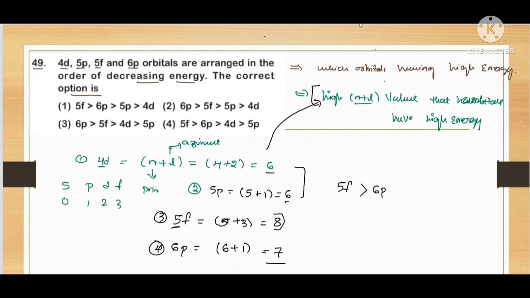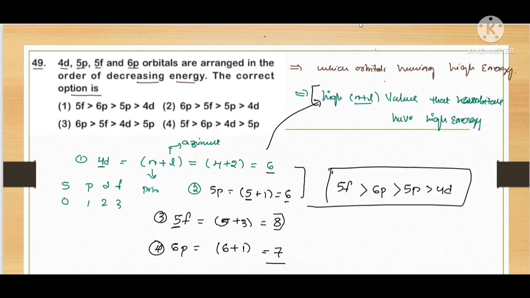In this case, you have to see which has the higher principal quantum number. That means the orbital having the higher n value has the higher energy. Here 5P has the higher n value, so 5P is higher in energy than the 4D orbital. So the correct order is 5F greater than 6P greater than 5P greater than 4D.